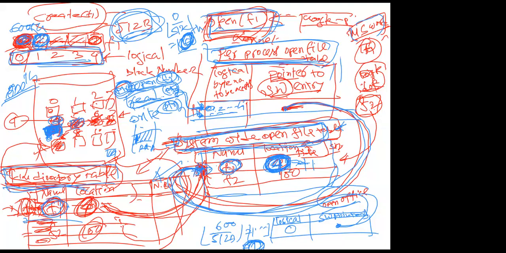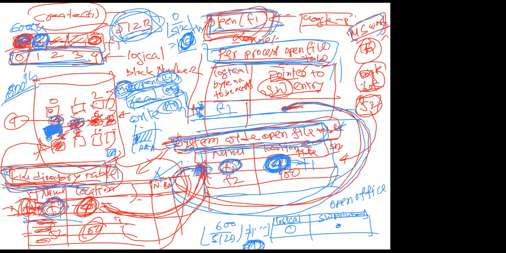Now you can see this is the logical block number. So why does it need to be maintained per process? Let's say you open the same file F1 using OpenOffice as well as MS Word software.